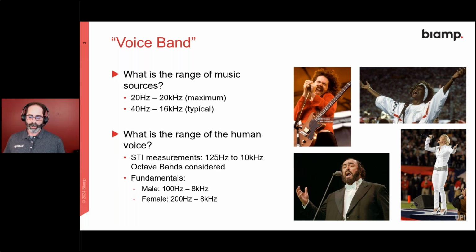Typically 200. I have trouble getting below 200 myself. And then up to about 8,000 hertz, about where everybody's voice elements end, at 6,000 to 8,000 hertz, and there are certain letters that are really important up there.